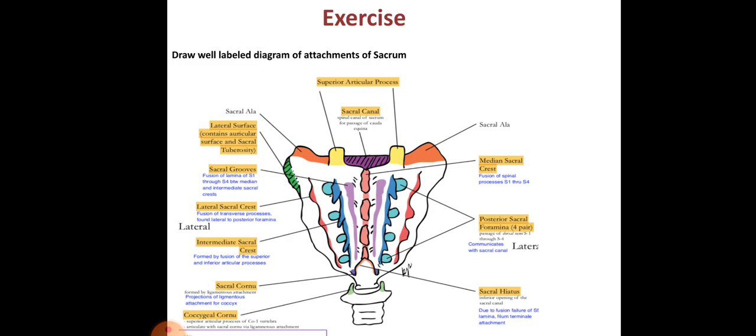Then the next exercise, you have to draw this diagram of the sacrum. You have to demarcate all the important grooves and crests on the posterior surface, and also include the attachments on the posterior surface and anterior surface of the sacrum.